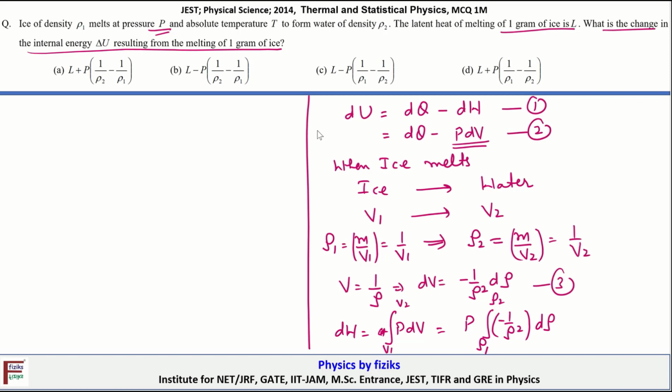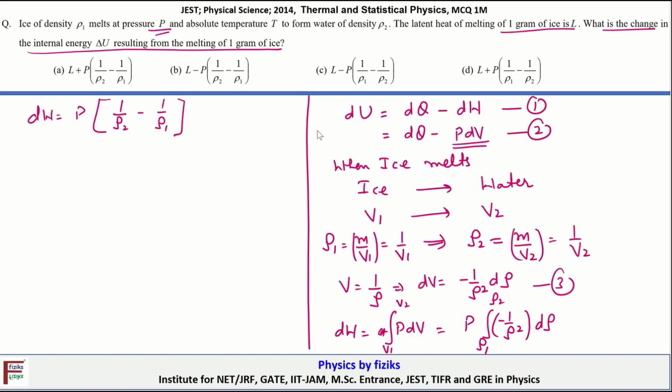So this can be evaluated to be dW equal to p outside. Okay, and then minus 1 by rho square, so its integral will be 1 by rho. With the density changing from ρ1 to ρ2, so p into 1 by ρ2 minus 1 by ρ1.